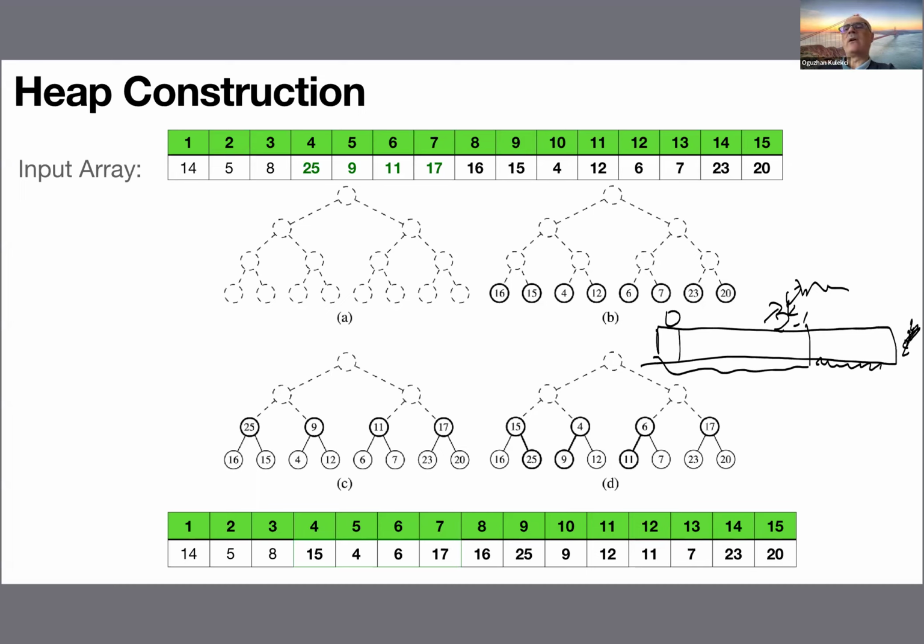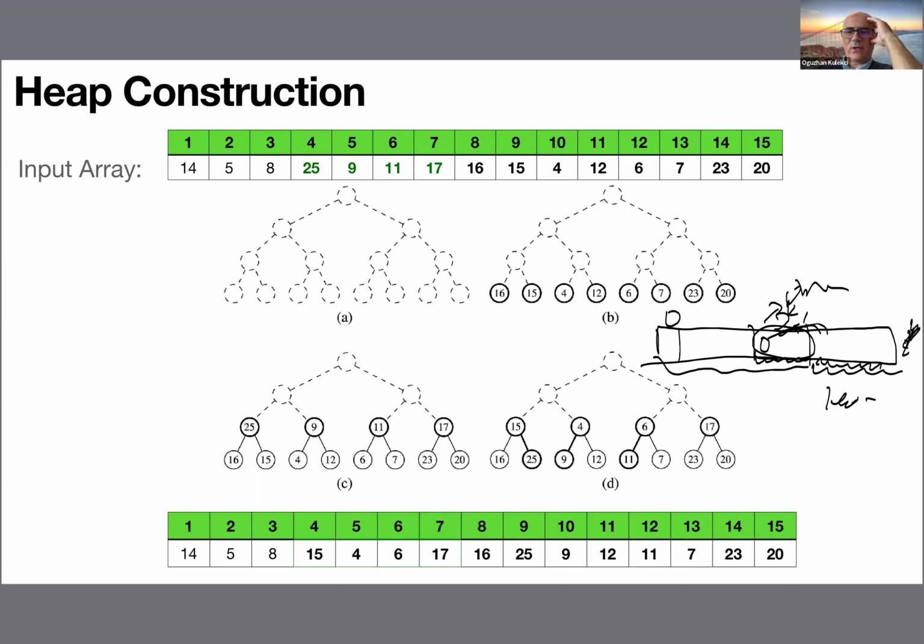Okay, so that means all these elements here are my leaf nodes. Once I have those leaf nodes, I will not touch them initially. I will keep them as is, but I will find their parents here, because they have their parents occupying the positions here, right? And then I will check whether I need to make a swap between the parent and its children one by one.